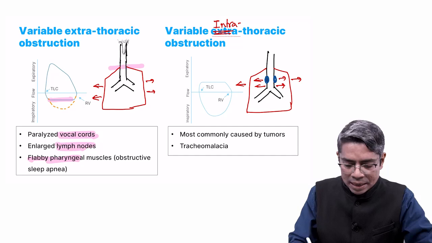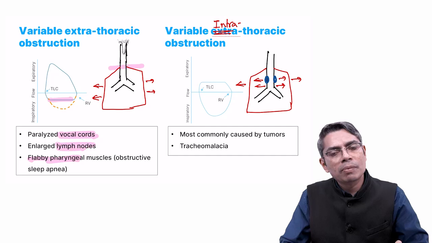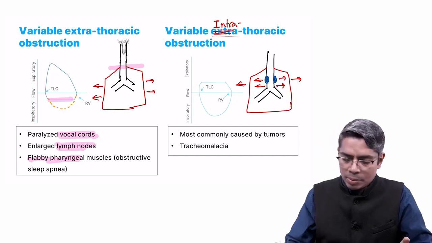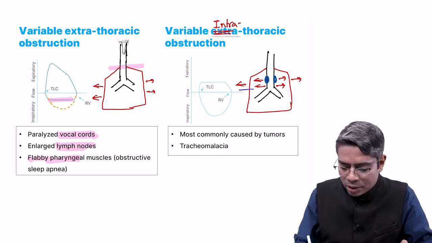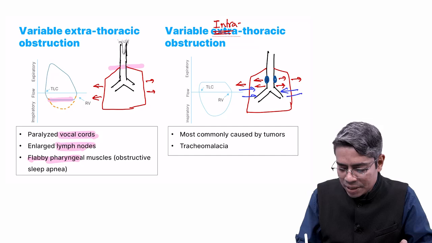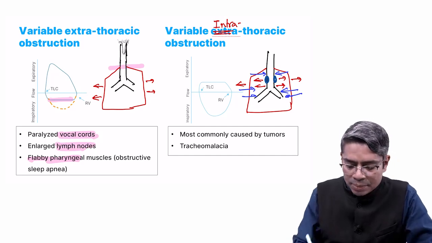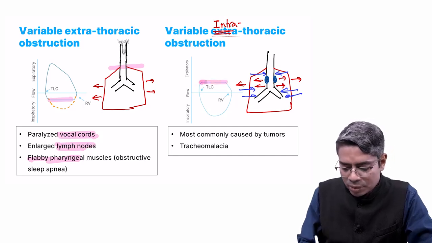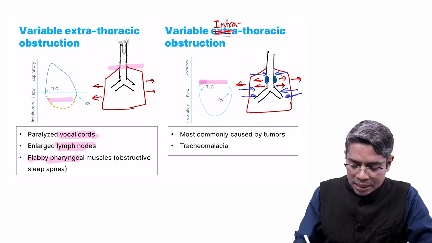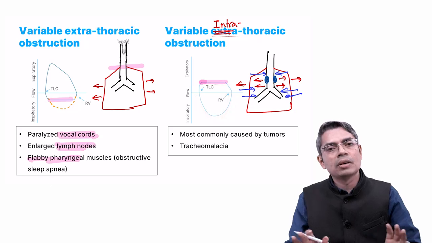If there is expansion of these bronchioles, then do you think there will be a problem during inspiration? Answer is no. But whenever the person does expiration in these cases, this obstruction will be more pronounced. So, in case of variable intrathoracic obstruction, the expiratory portion of the curve will be flattened, but the inspiratory portion of the curve will remain normal.